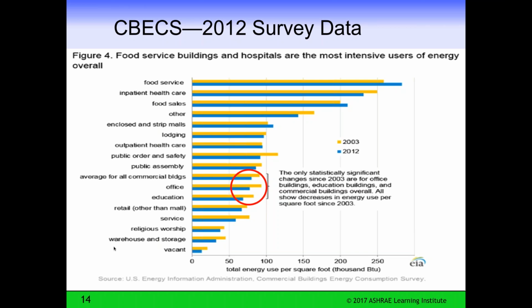And food service has increased, but the average for all commercial buildings, office, and education have all decreased. And these are the only statistically significant changes since 2003. So this is interesting data.